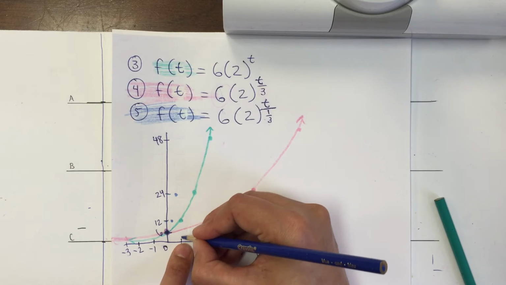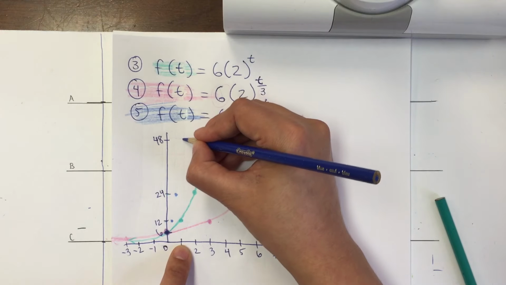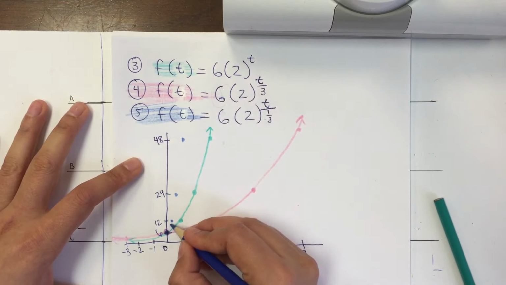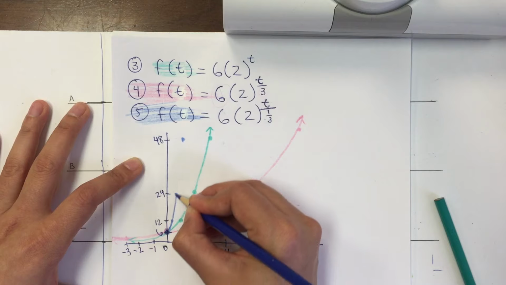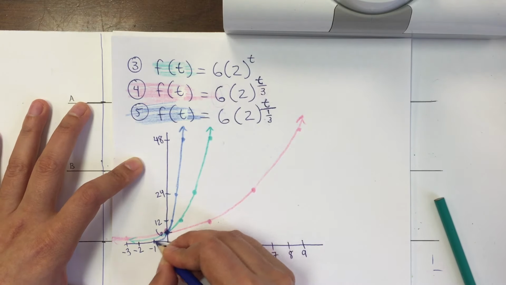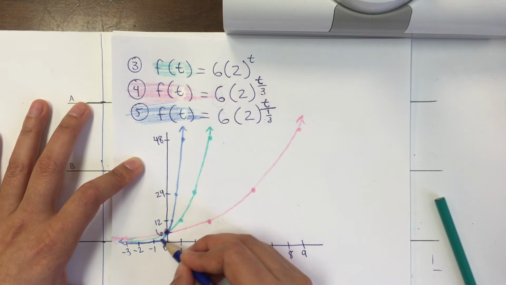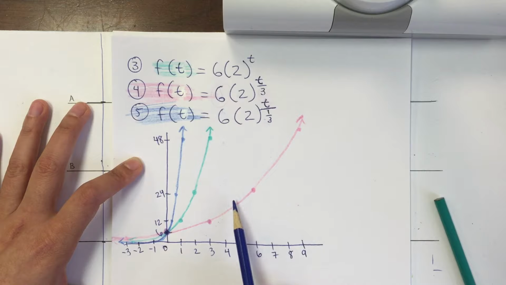And another 20 minutes, meaning already the hour, it's going to double. So that's how graphs coming from different functions in the same relationship would look, okay?